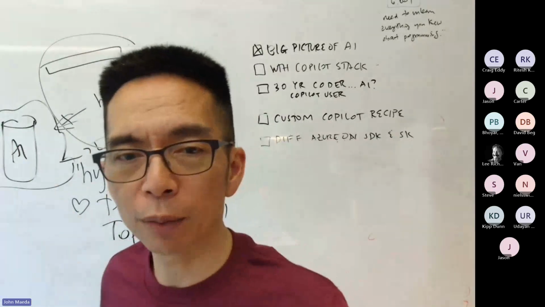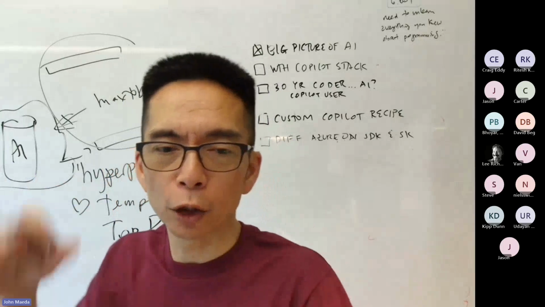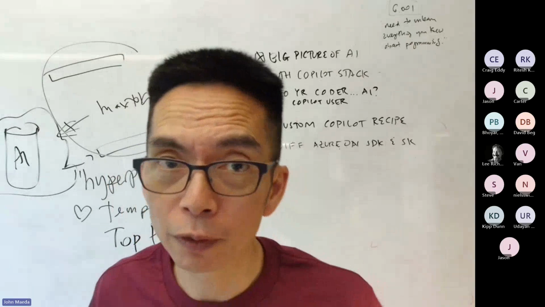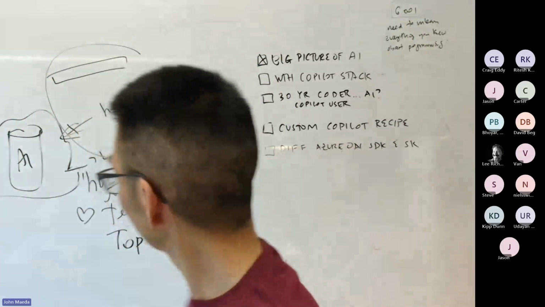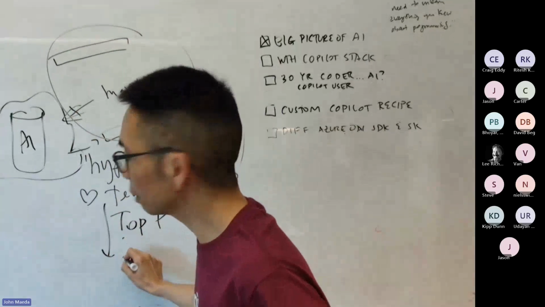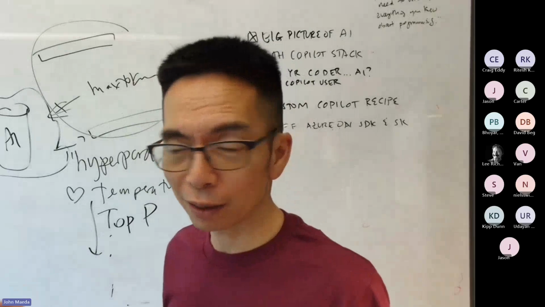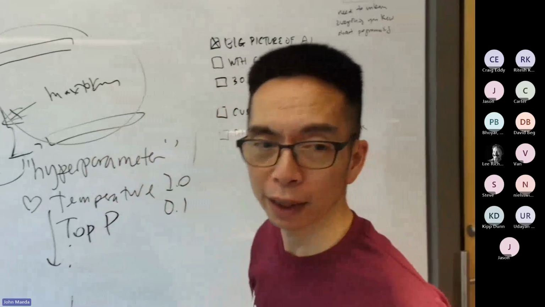And low top P means they're going to stay within a vocabulary. So you can argue that a low top P is going to feel much more deterministic versus a high top P, where someone's trying to shock you with all the words. Anyways, there's a bunch of parameters here in the hyperparameter shopping aisle. But again, max tokens and temperature are kind of the foundations.